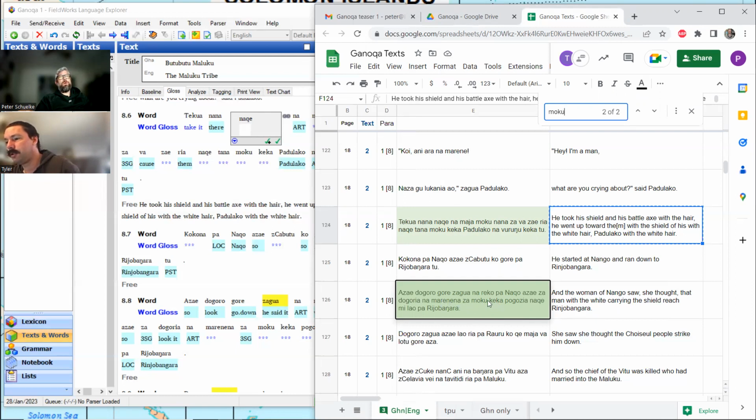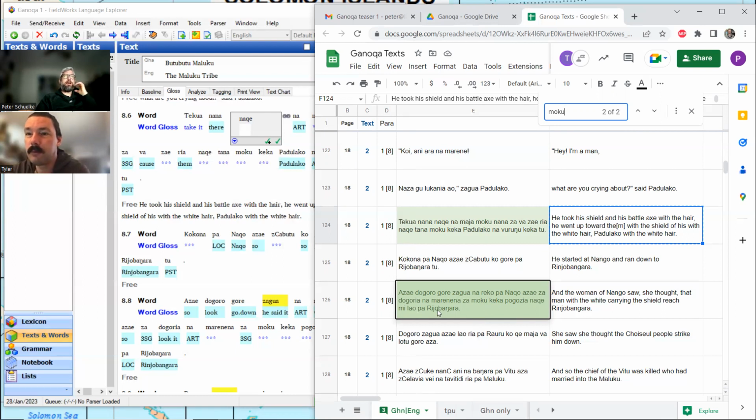His it carrying white shield, white hair shield. Nange. I think Nange is going to be the shield. Only in these 2 sentences. Why do I think that? Pogozia Nange. Pogos might be the root meaning carry.